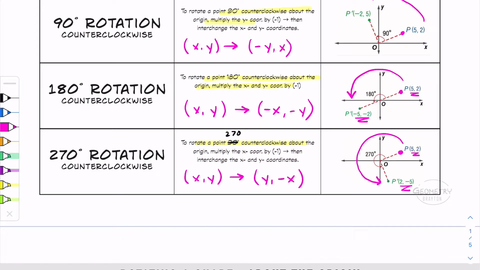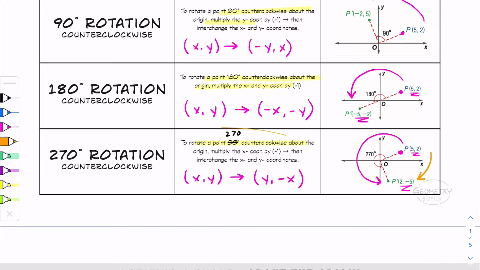Now suppose we were asked to perform clockwise rotations, and we want to know what rule to use. Well, these rules are the same, but they're applied slightly different. So a 90-degree clockwise rotation, if you start at the original point and move 90 degrees clockwise, it's going to land in the same location as 270 degrees counterclockwise.